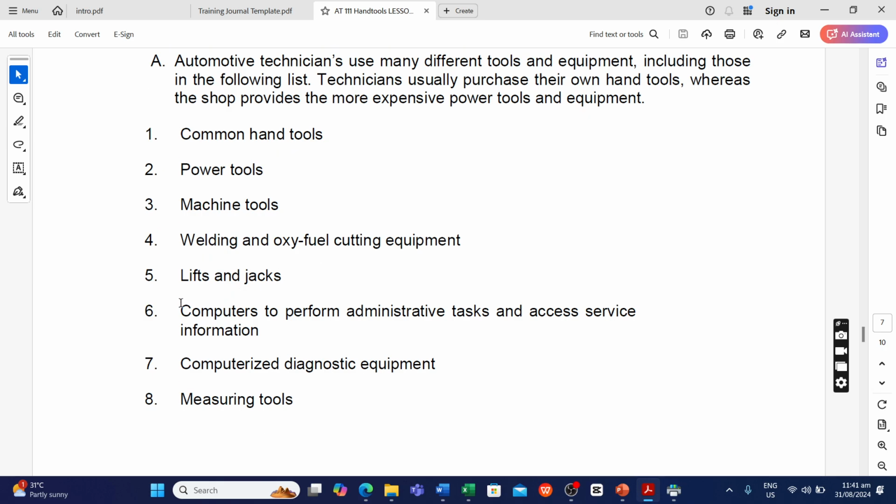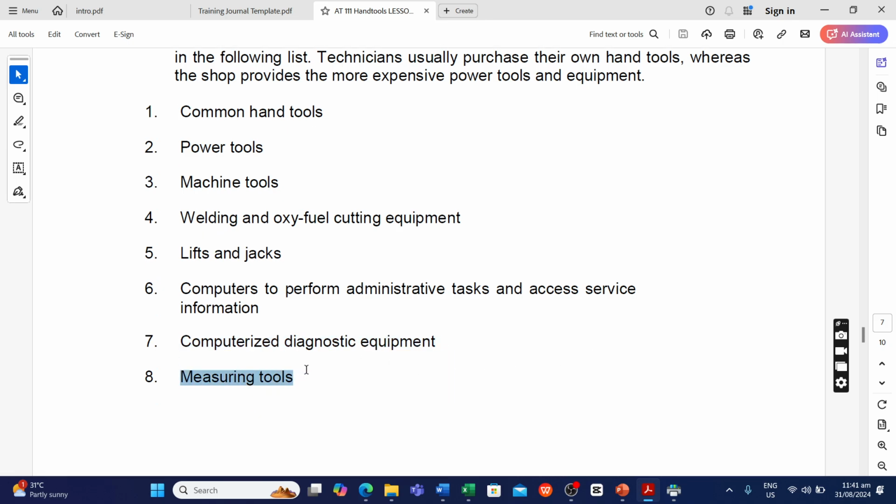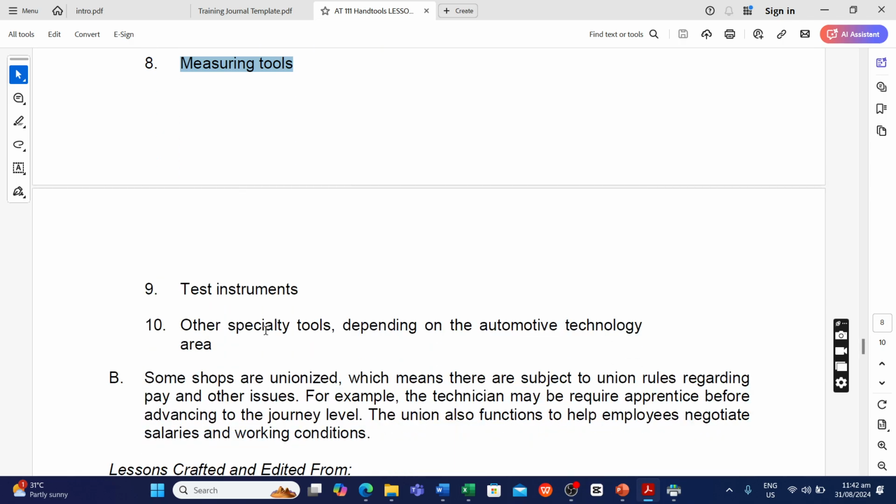Also, ito nga yung bago, computers to perform administrative tasks and access information, computerized diagnostic equipment, measuring tools. We also have test instruments and other specialty tools depending on the automotive technology area.